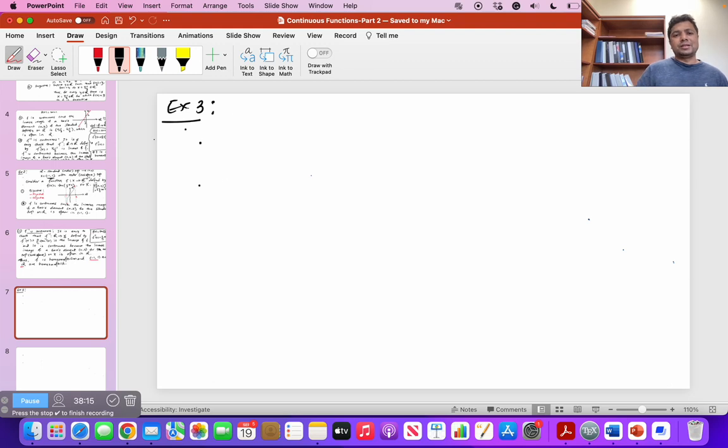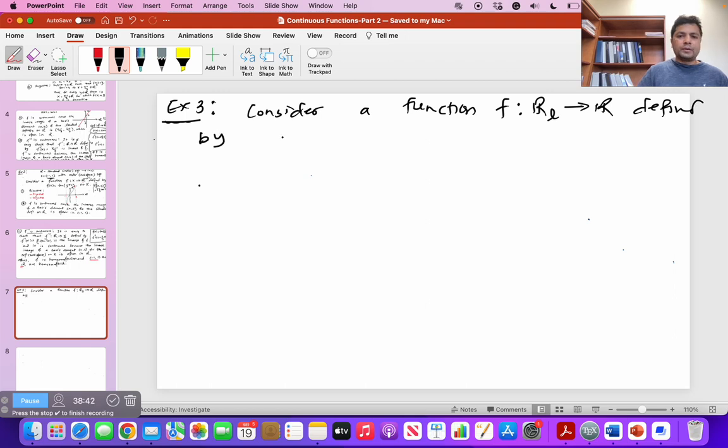So now let's talk about those two functions here. Consider a function f from the lower limit topology on R to the standard topology on R defined by f of x equal to x.